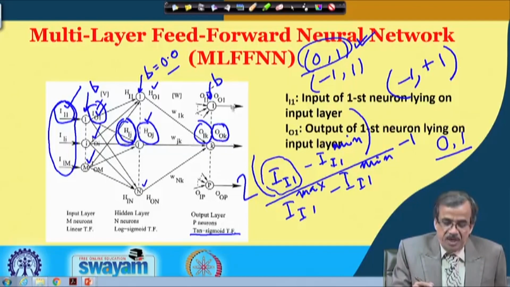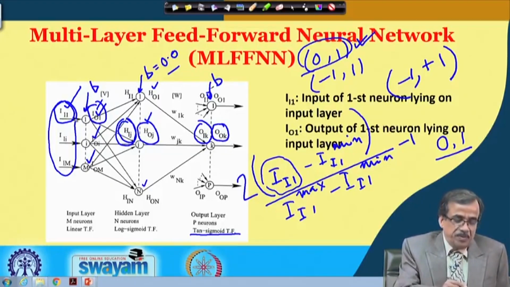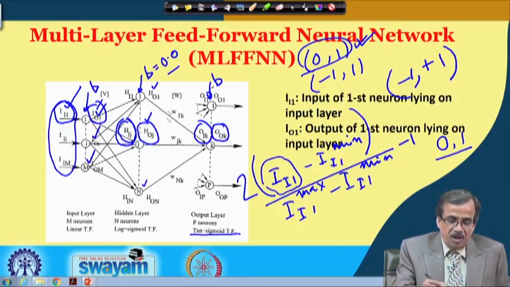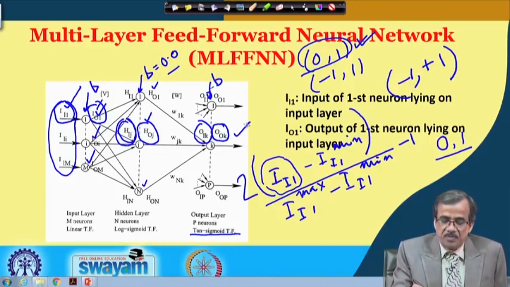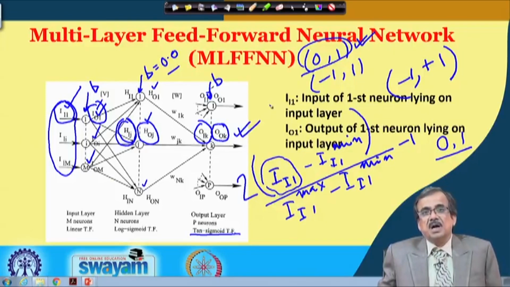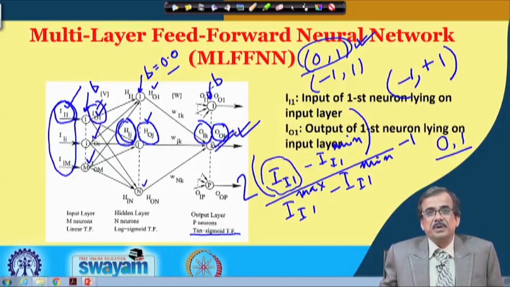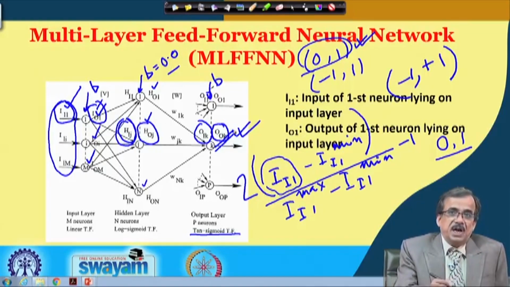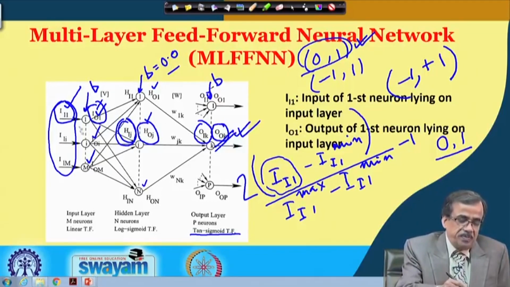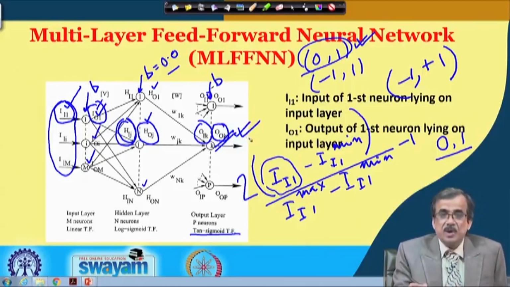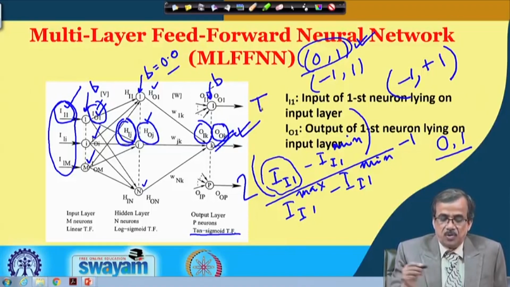Now, let me repeat once again, for the set of inputs, if I know all the transfer functions and the connecting weights, I will be able to find out the output, and this is nothing but the calculated output. Now, for this training scenario, that means for this set of input parameters, there is one known output, and that is nothing but the target output.